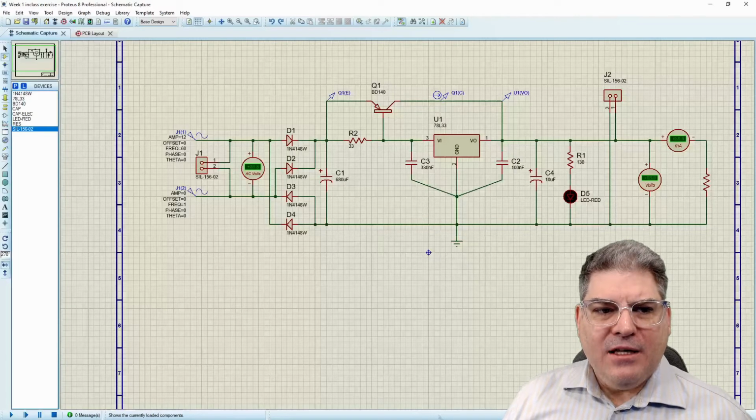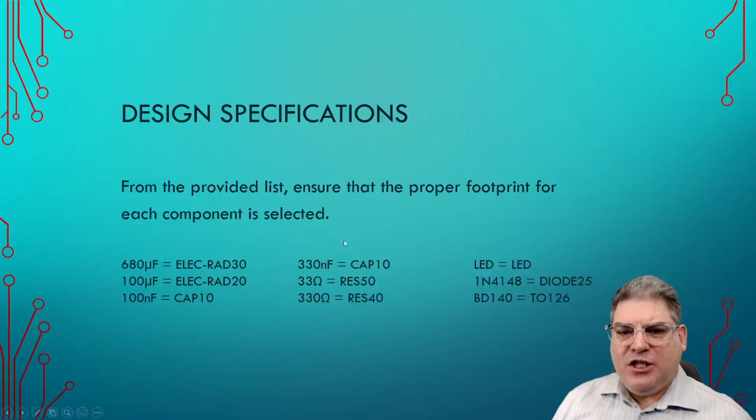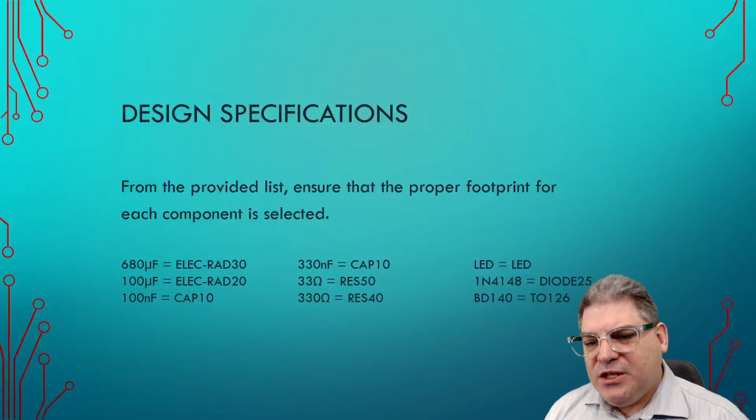Okay. And so what we want to do is we want to change these values. Okay. So we want to change our 680 microfarad capacitor to elec rad 30. We want to change the 100 microfarad capacitor to rad 20. Okay.